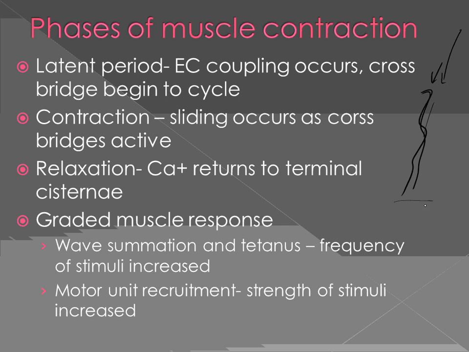Then the next one arrives again, and the thing keeps going on. So if you increase the speed at which these nerve impulses arrive, the muscle will contract, and just before it begins to relax, it will contract again because at this point more calcium ions are present. There's heat generated. So the contraction becomes a little bit stronger.